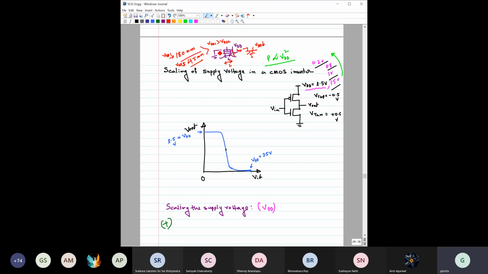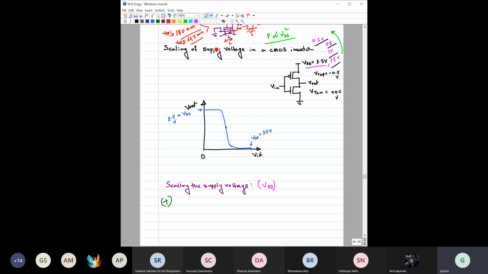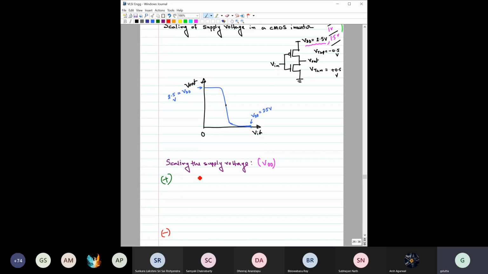So first of all, let us discuss this part, the scaling of the supply voltage. What are the positive things?